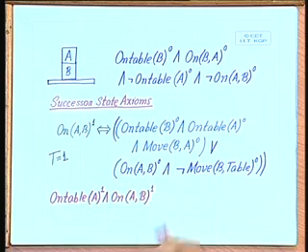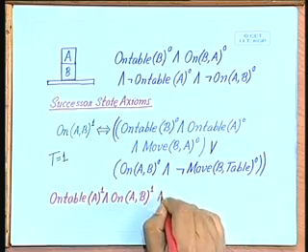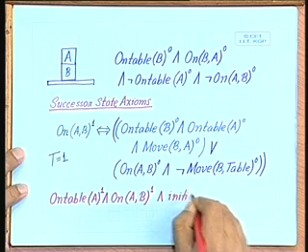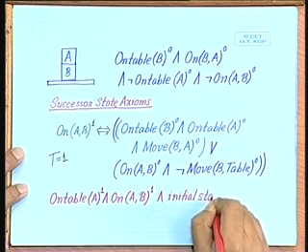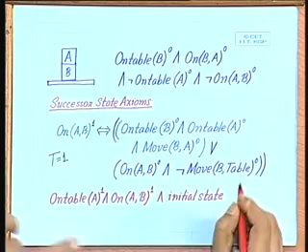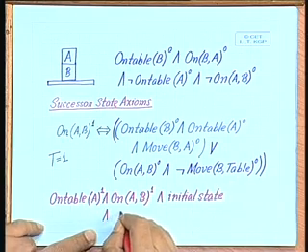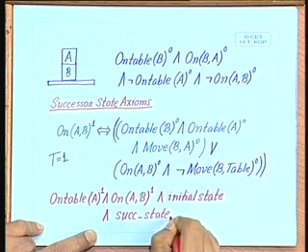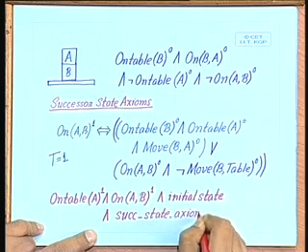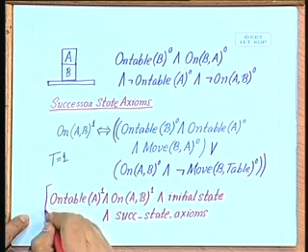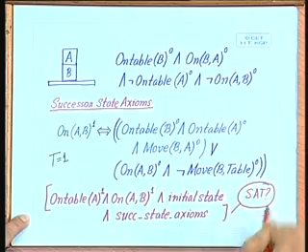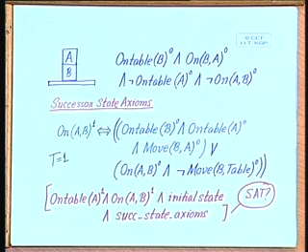So, we will have them as time step 1, right, and then we will see whether we can AND this with the initial state, right, and with the successor state axioms, and then we will check for this whole thing whether it is satisfiable, right.